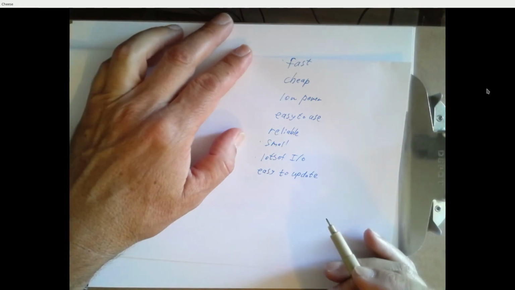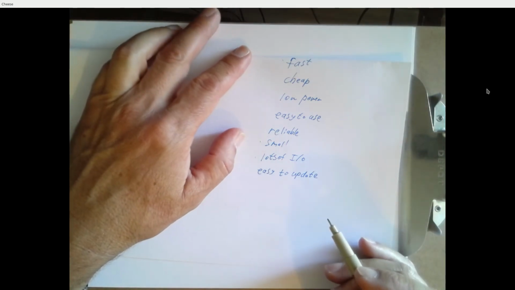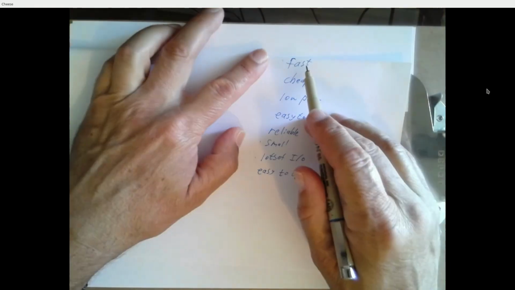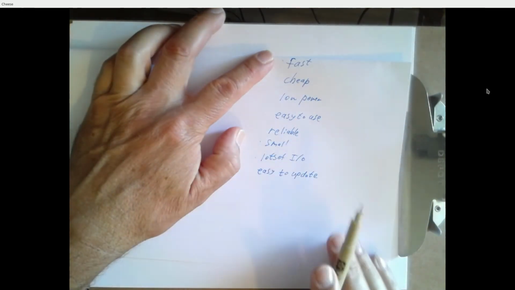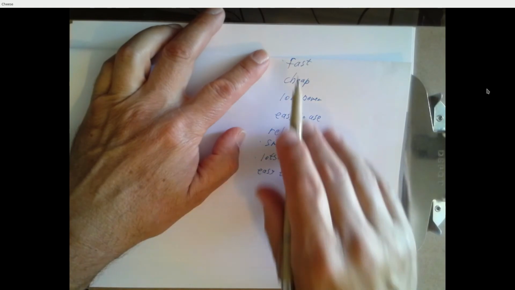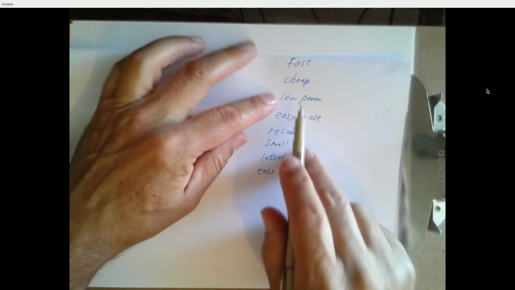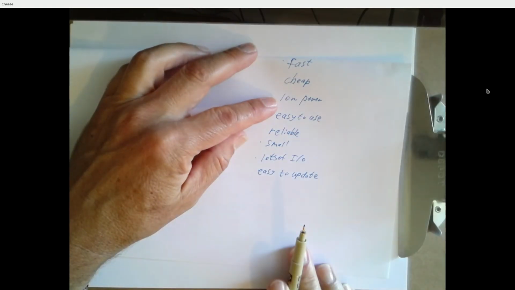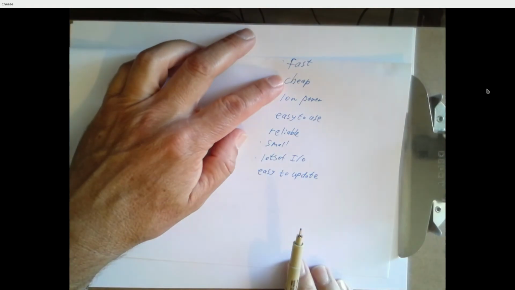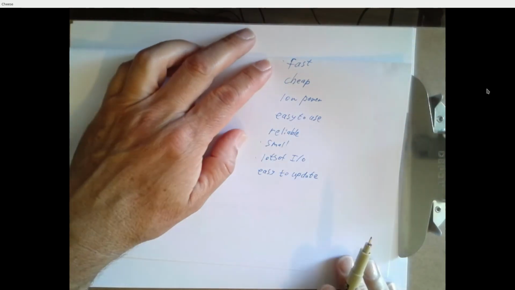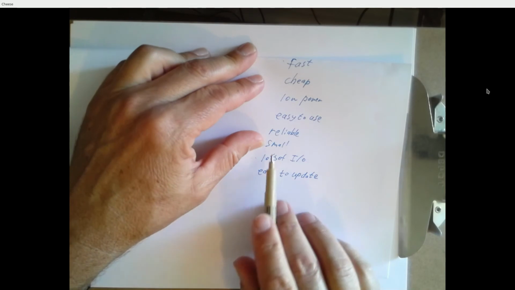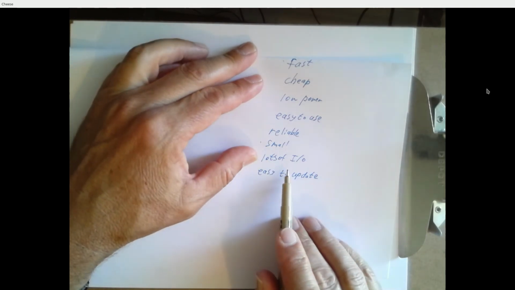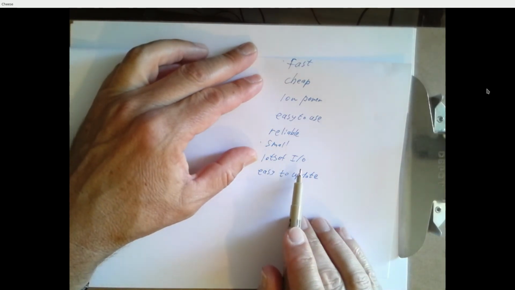The problem is what one of my professors called the n-way teeter-totter problem, which is once you optimize one of these, you're probably de-optimizing one or more of the others. For example, the faster your processor, usually the more power it takes, right? The cheaper your processor, probably the slower it is. A processor that is very small is not going to physically be able to accommodate a lot of I/O devices.